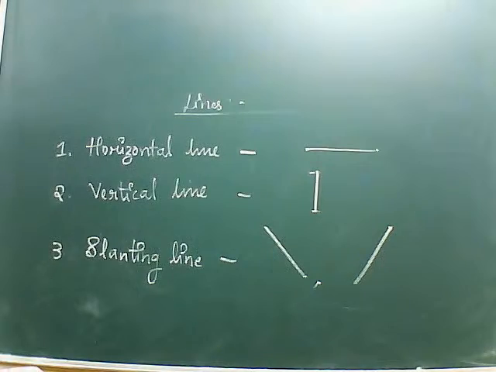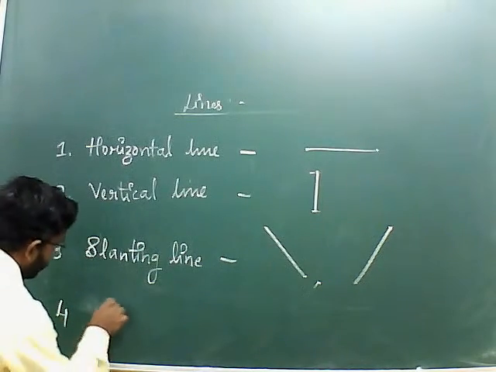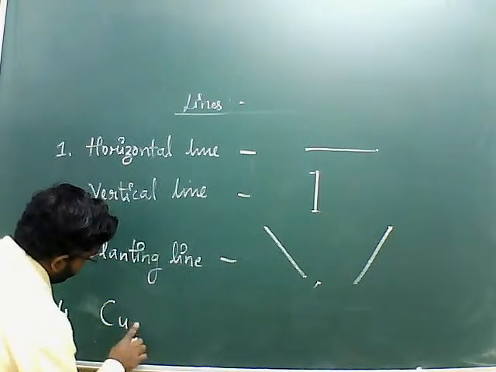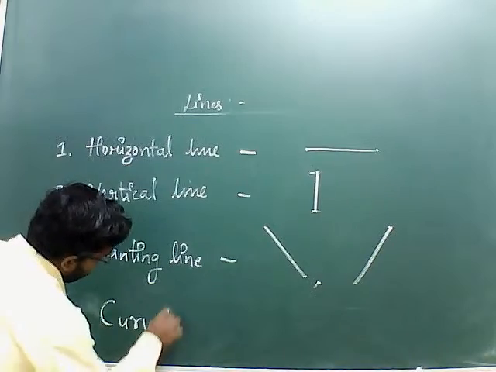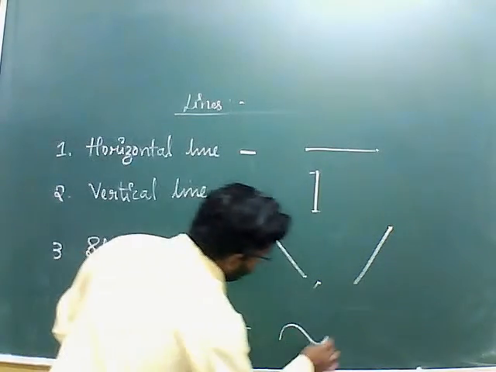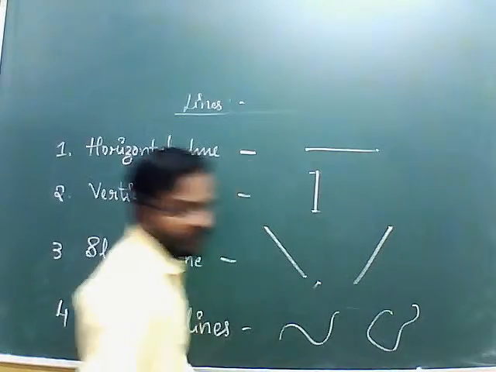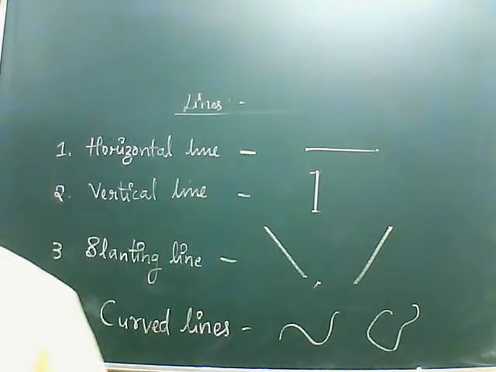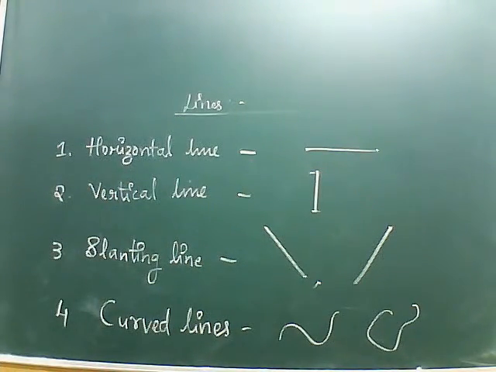And the fourth one we have is the curved line. These are all called curved lines. So these are the four types of lines that we have learned in our classes. Let me take a pic of this also.